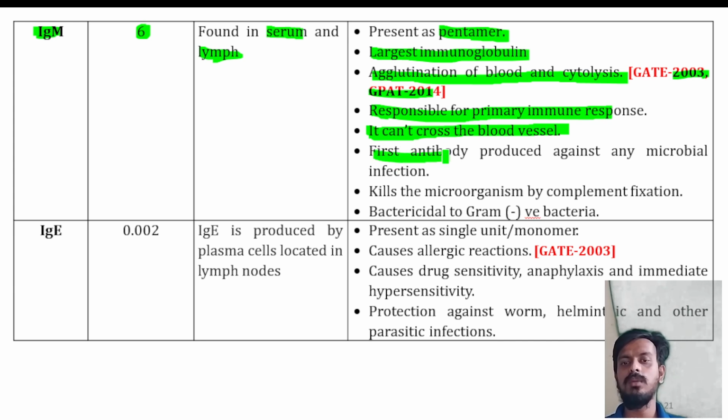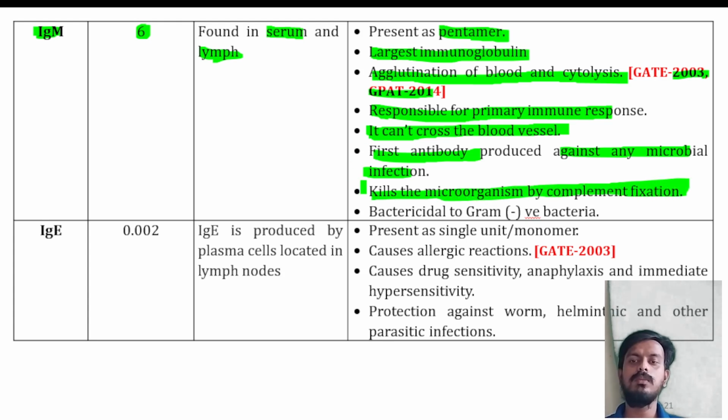IgM is the first antibody produced against any microbial infection. It kills the microorganism by complement fixation, and it is bactericidal to gram-negative bacteria.